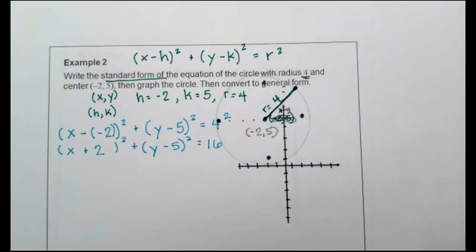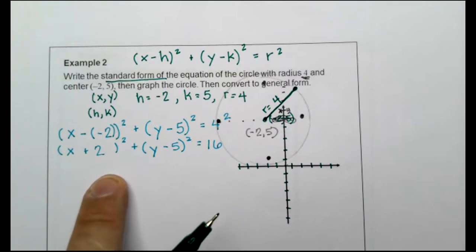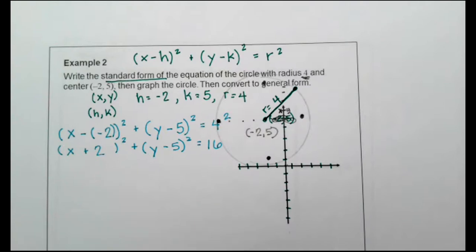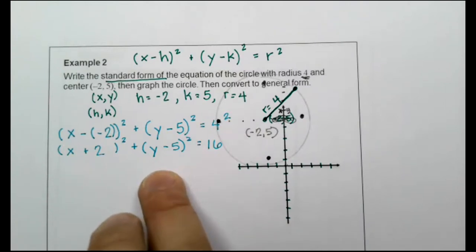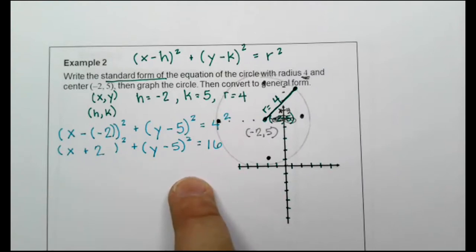Now we need to convert this to general form, okay? So that means we use algebra to FOIL it all out, and we're going to move the 16 over. It does not matter whether you move the 16 first or you FOIL first, so that's up to you. I'm going to FOIL first, okay? So basically, I'm just going to stretch it all out.